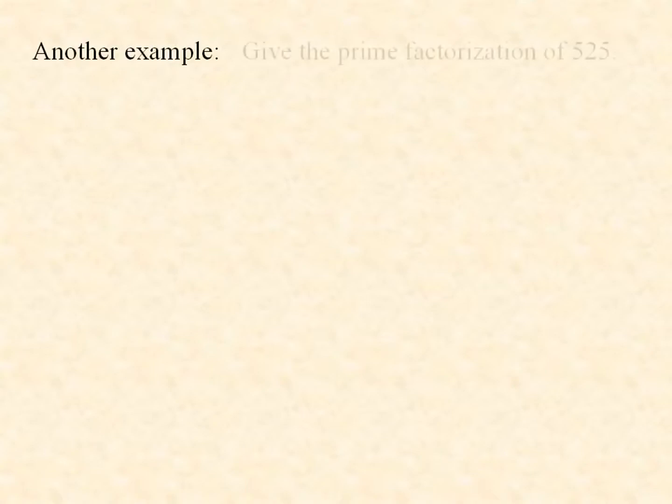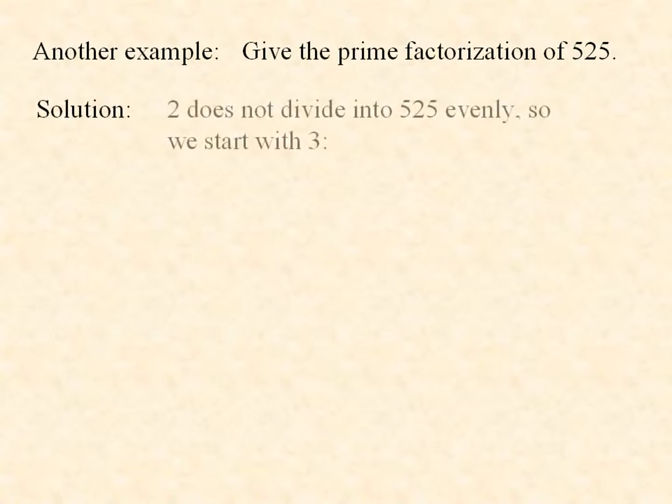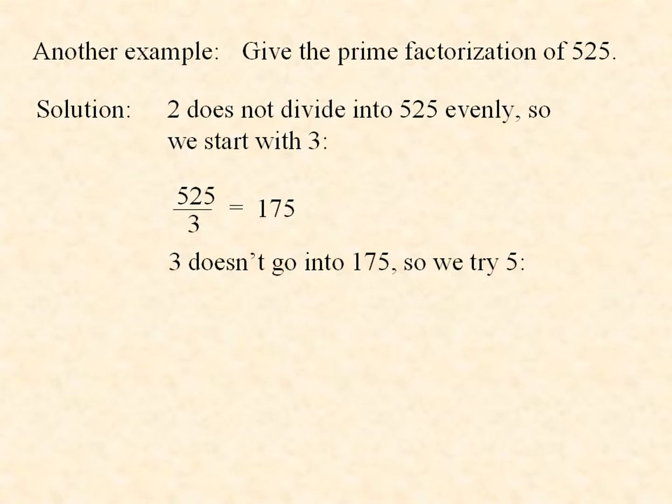Another example. Give the prime factorization of 525. 2 does not divide into 525 evenly, so we start with the next smallest prime, 3. 525 divided by 3 is 175. 3 doesn't go into 175, so we move to the next smallest prime, which is 5. 175 divided by 5 is 35, and 35 divided by 5 is 7.